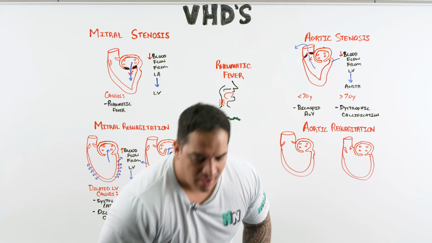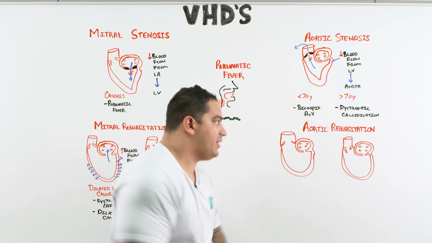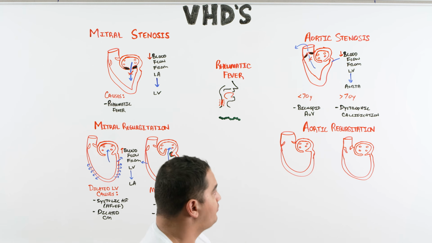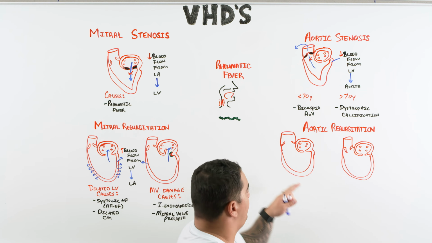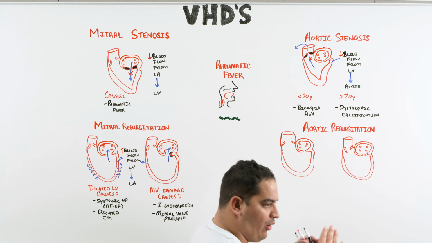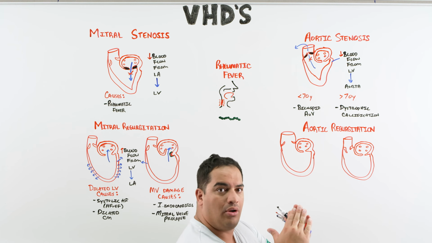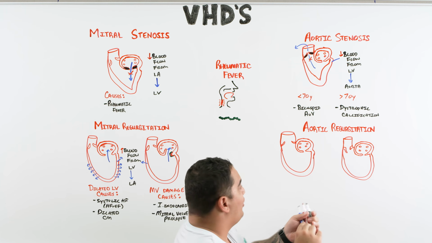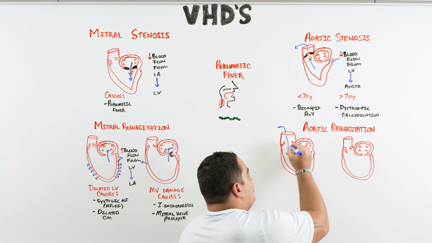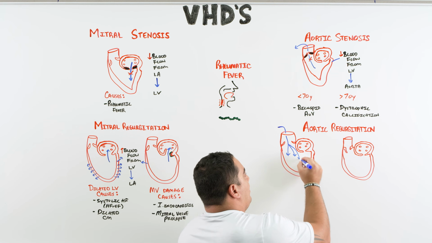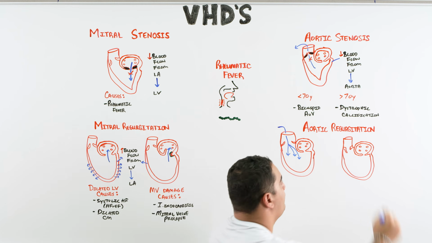The last one of these left ventricular valvular heart diseases is aortic regurgitation. For this one, it's very interesting. So what happens in this disease is, again, the aortic valve should open during systole, close during diastole. During diastole, for some reason, the blood decides to shoot back into the left ventricle from the aorta.